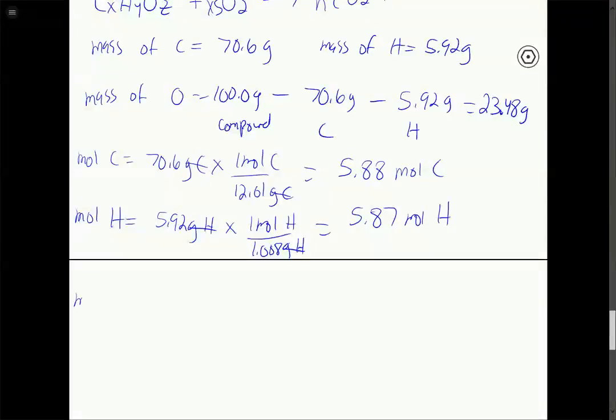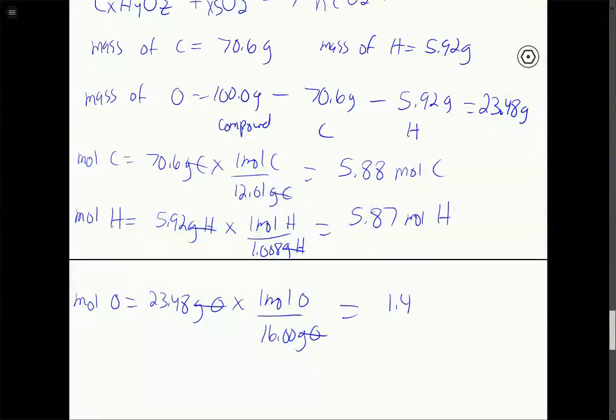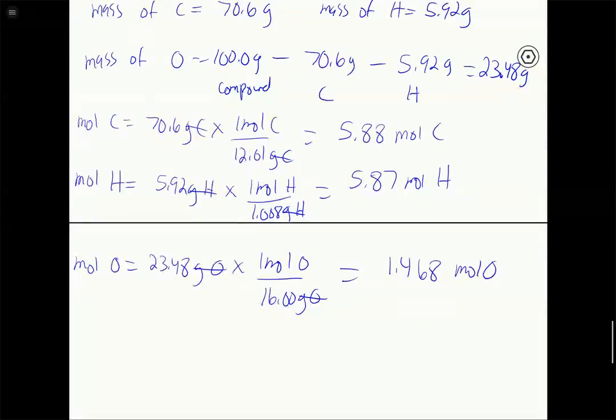And then for the moles of oxygen, we have 23.48 grams of oxygen. The atomic mass of oxygen is exactly 16. You can verify that from the periodic table. And we get 1.468 moles of O. Okay? So you have moles of each element, and now we can determine the empirical formula by finding the lowest ratio.